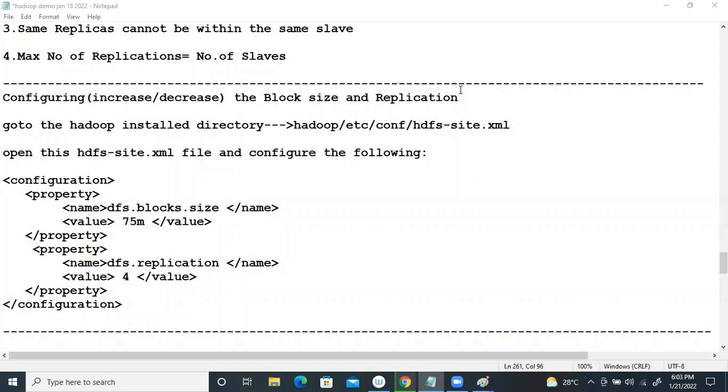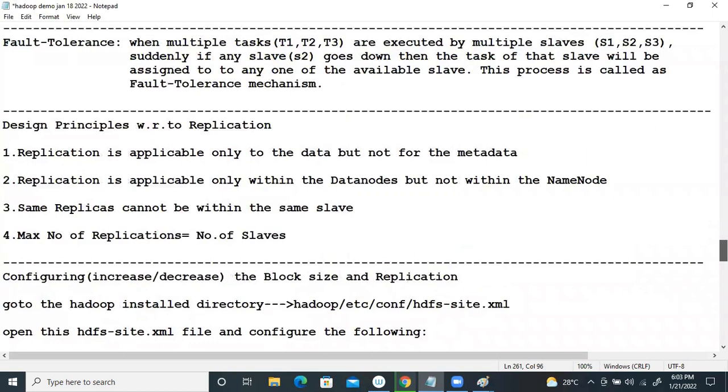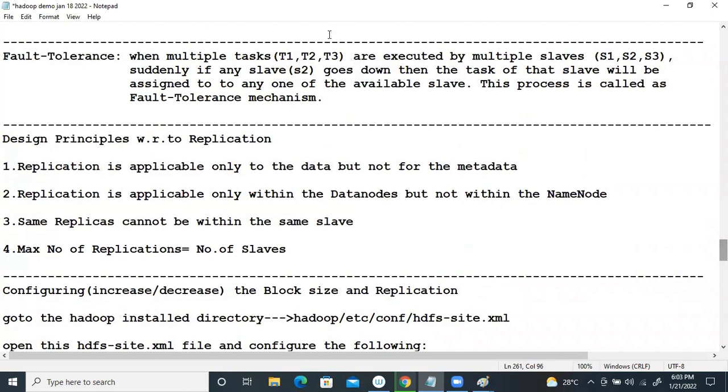Sir, one question. You told that the maximum number of replications is equal to the maximum number of slaves, right? Yes. Like for example, now I have data of some 1 GB. Understood. Maximum you can go up to that, but it's not that if there are 40 slaves, you will replicate 40 times.